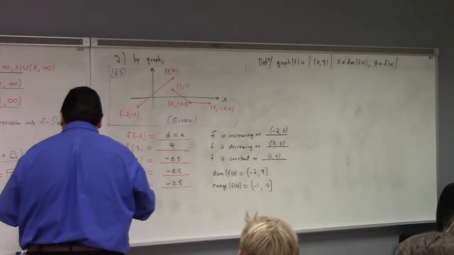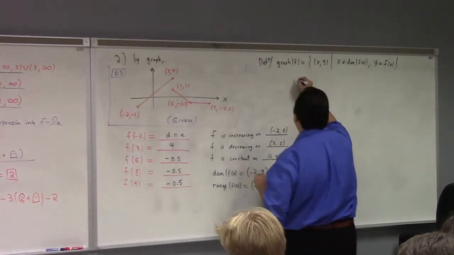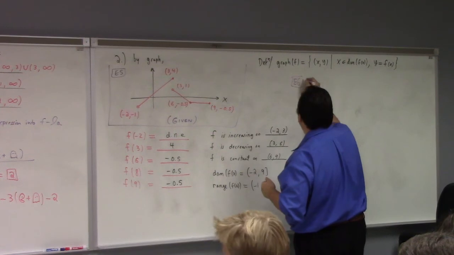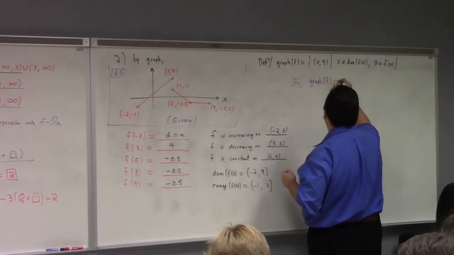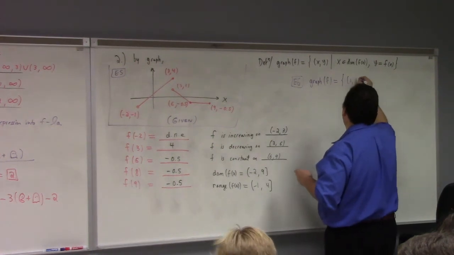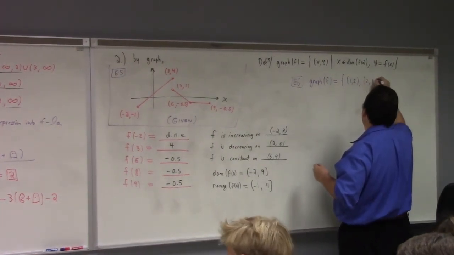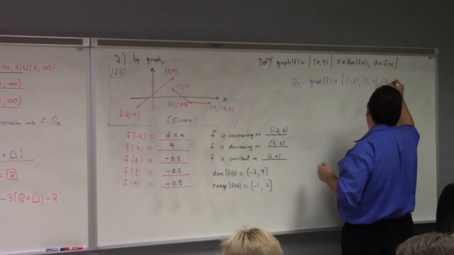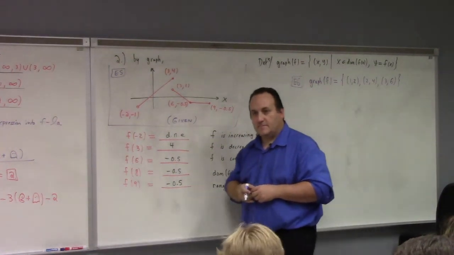So like example 6 here, they could tell you graph of f equal to (1, 2), (2, 4), (3, 6), right?